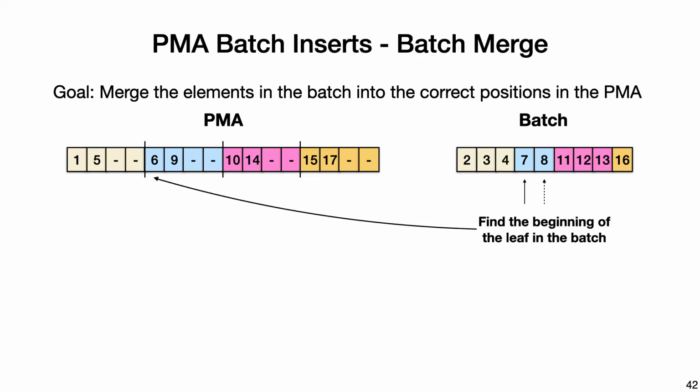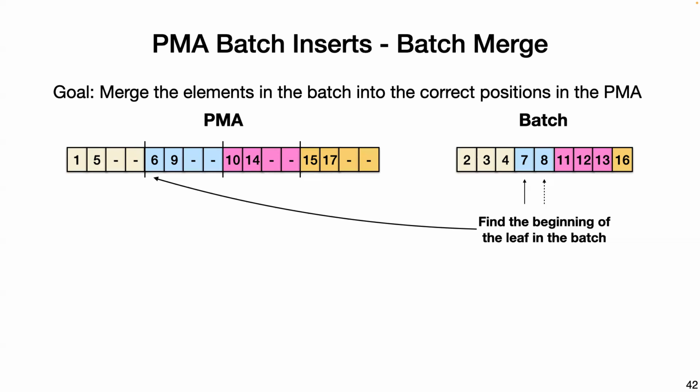And you might have to scooch it a little bit because 8 is not the beginning of this PMA leaf. So you have to go left, but you know where you have to stop because you know the front of this leaf. So you had 8, and this is just the same as search in the initial point case. You search for 8 in the entire PMA, and then you find that it's going to go into this leaf.